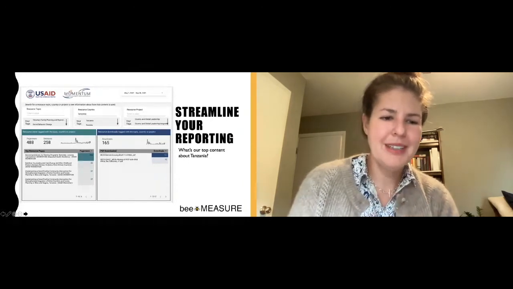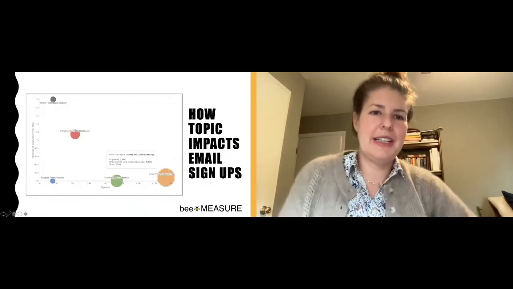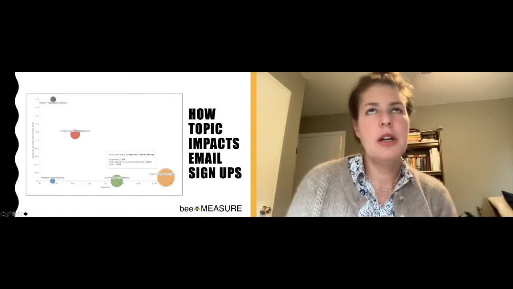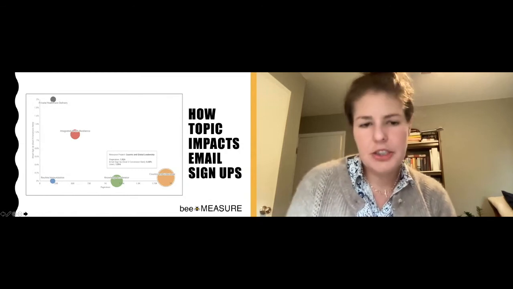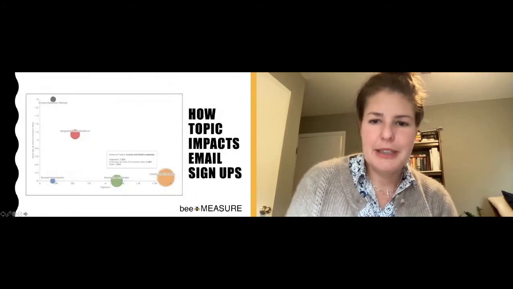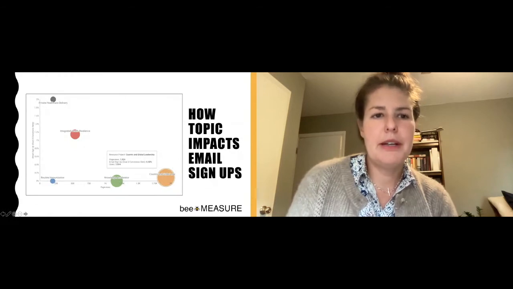So this is helpful. I always like to look at how you can use things to shape your strategy, like your communications or your content strategy. So I took their data and I just made this lovely chart looking at how topic impacts email sign up.